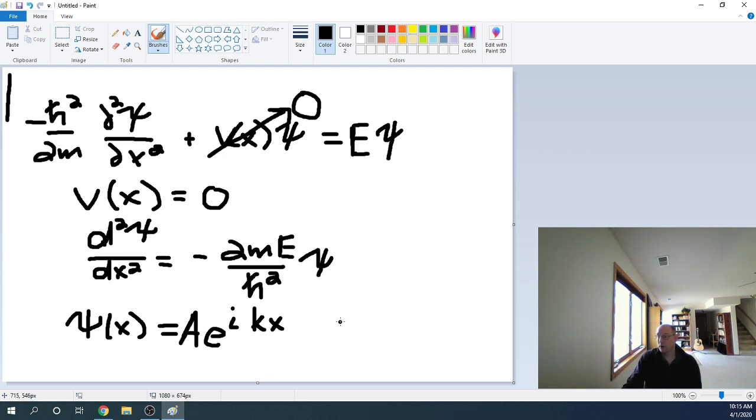So this works when k squared is equal to 2mE over h bar squared. Imagine that's an E. It works if this is true.